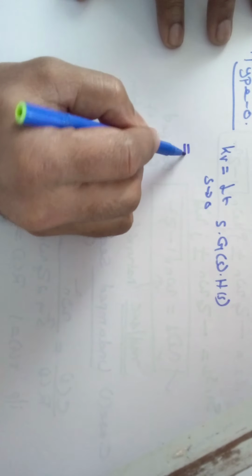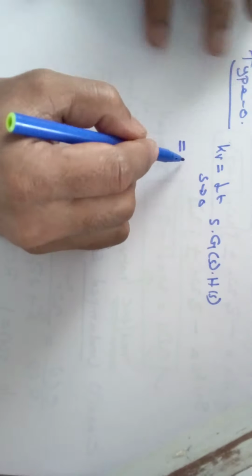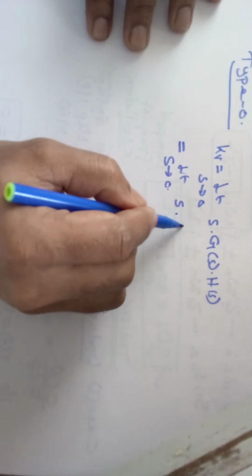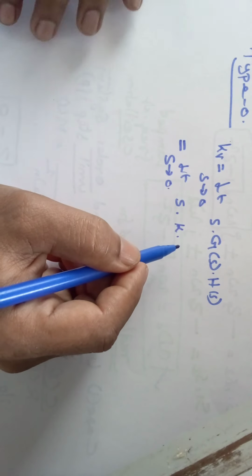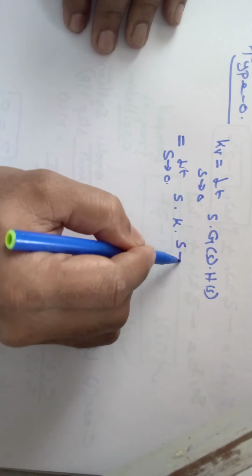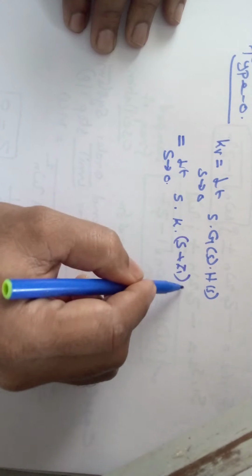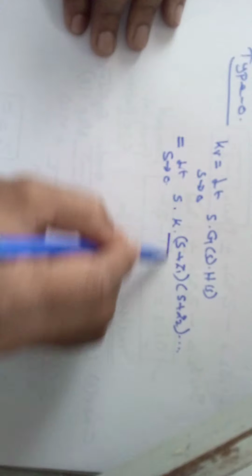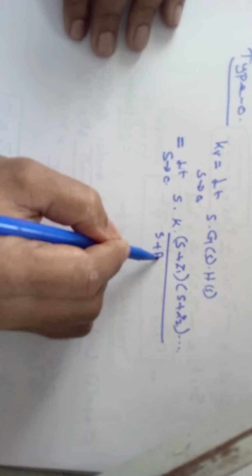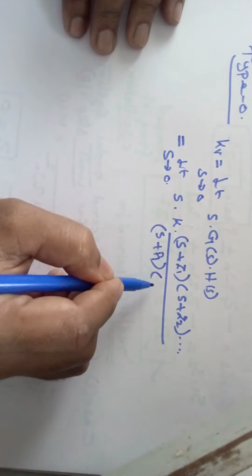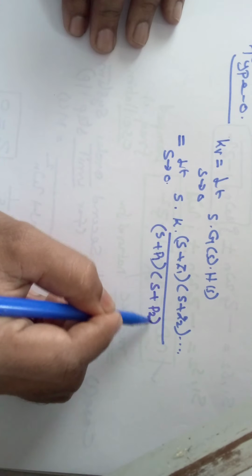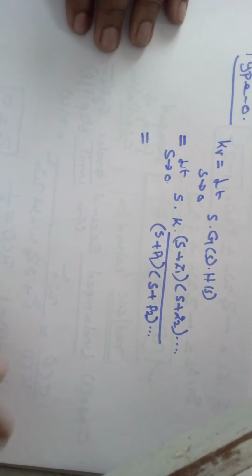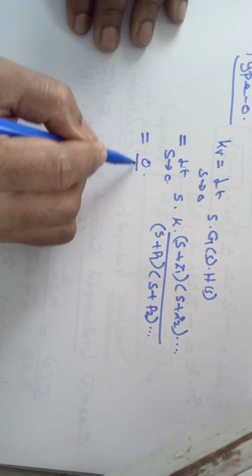So now you can calculate this error constant Kv, that is equal to limit s tends to 0 of s into K into the general form of your G(s): in the numerator you will have the zeros, (s plus z1)(s plus z2), etc., divided by (s plus p1)(s plus p2), etc., because this is a type 0 system. Once you substitute s equal to 0 here, you will get the answer as 0, right?